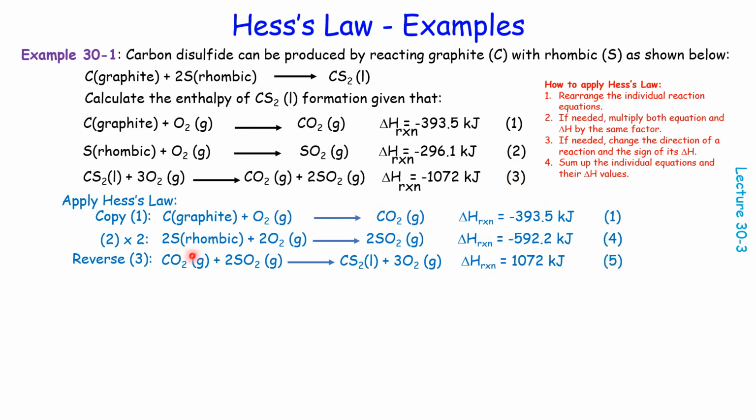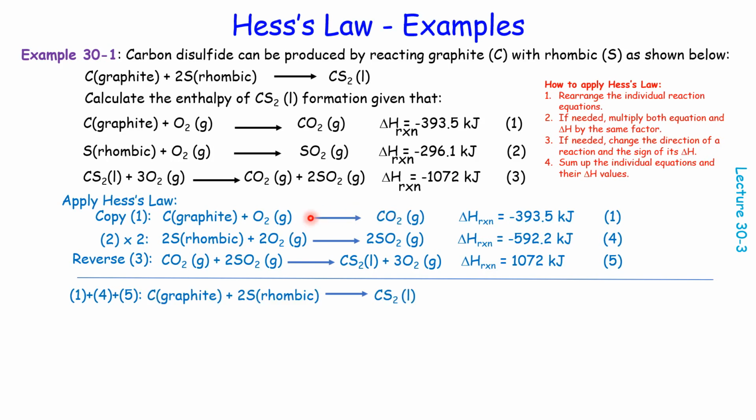So now, instead of summing up equations 1 through 3, we are going to add equation 1, equation 4, and equation 5 together. Okay? If you do that, you cancel the spectator species, and this should be left: carbon plus 2 sulfur, and then you have carbon disulfide on the right-hand side.